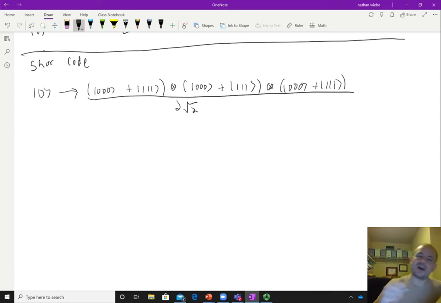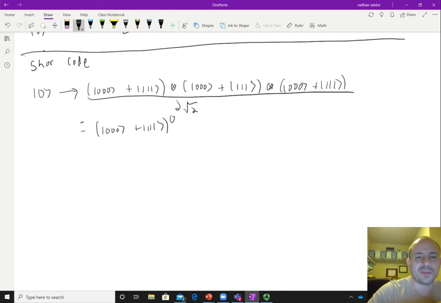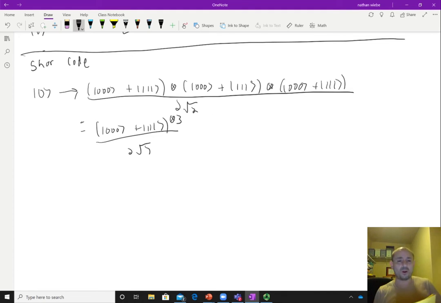Now, this over here I'm going to write in shorthand as power tensor 3 over 2 root 2, just so I don't have to write this over and over and over again.